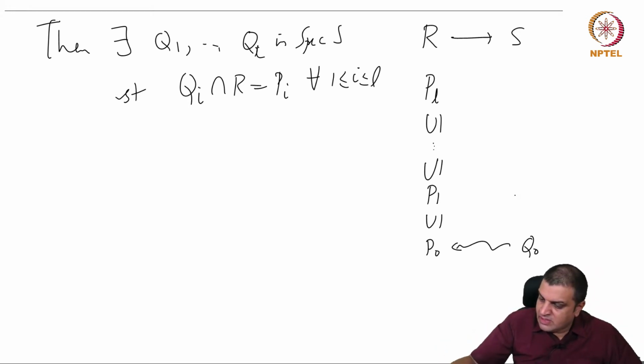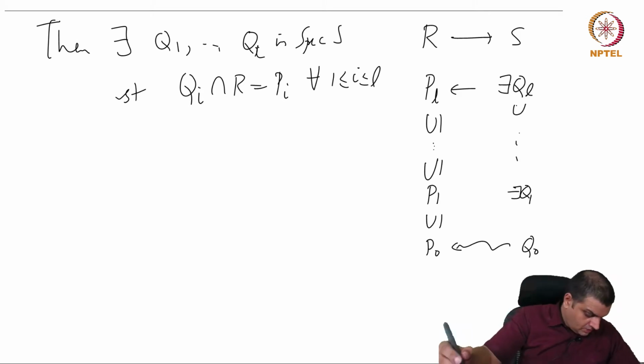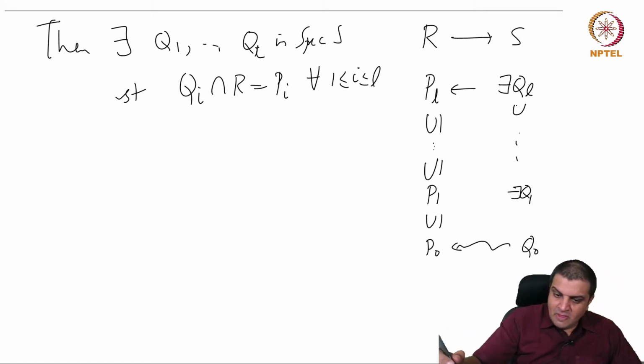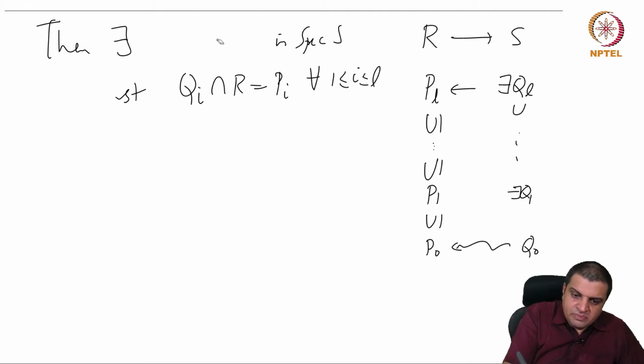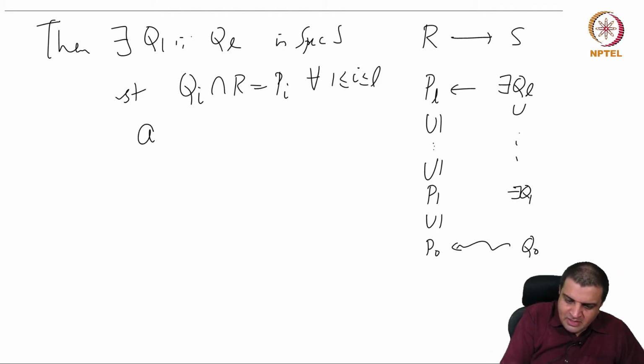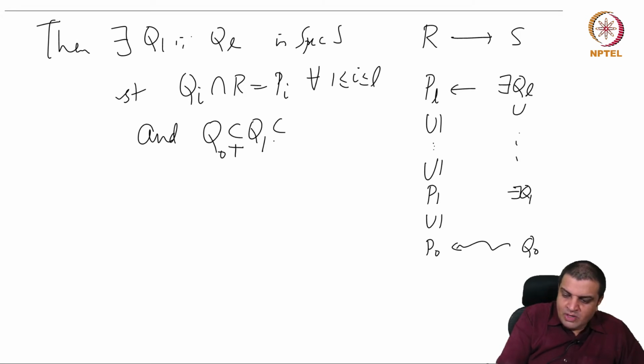Then the theorem asserts that there exist Q1 through QL contracting to the P's, and they form a chain, Q0 inside Q1 inside QL.